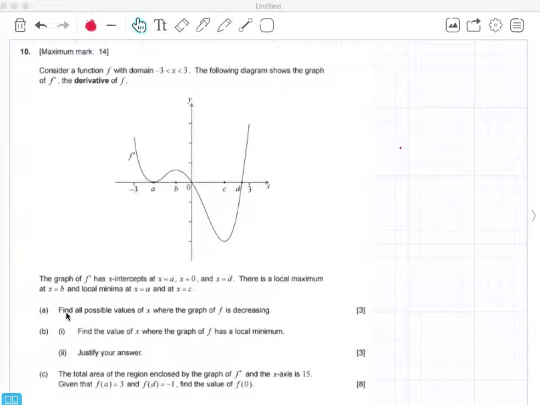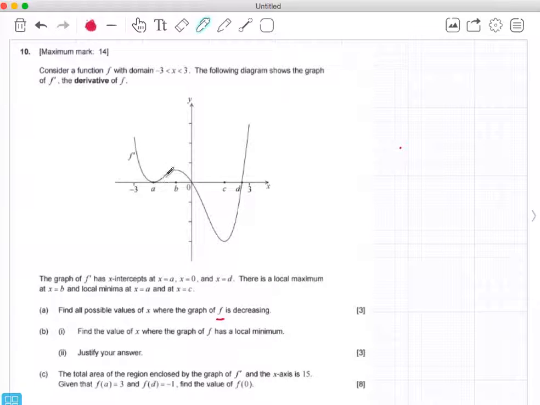The first question says, find all possible values of x where the graph of f is decreasing. Now, if we just look at this, this is the gradient of f. This whole function is the gradient of f. So here, I know the gradient of f' is going down, but the gradient of f is positive because it's above the axis. So it's good here.